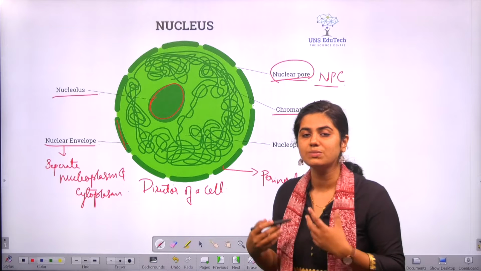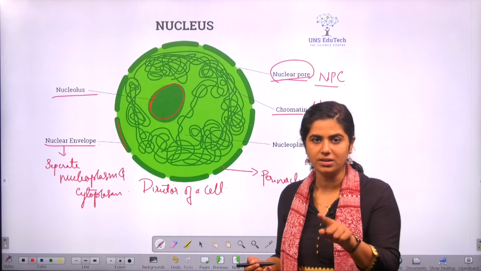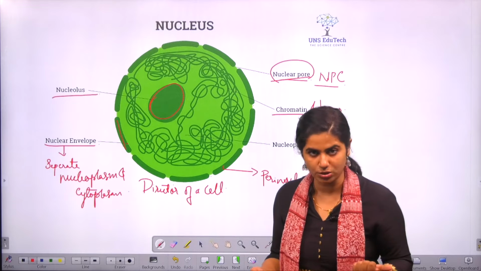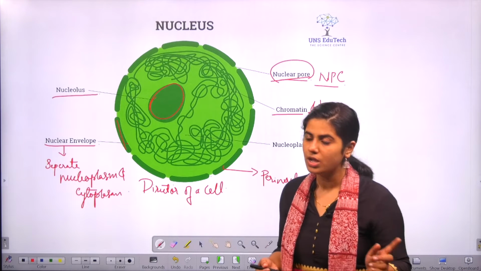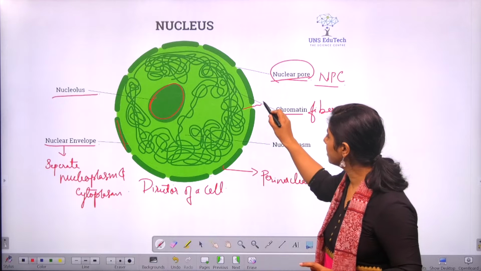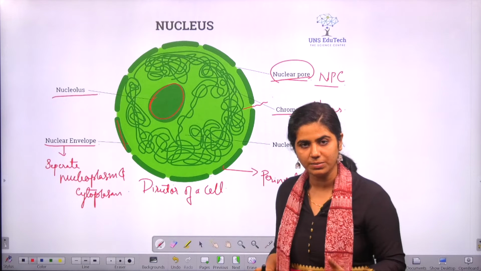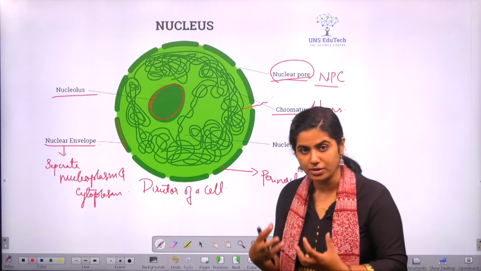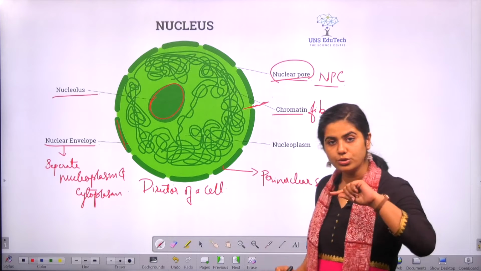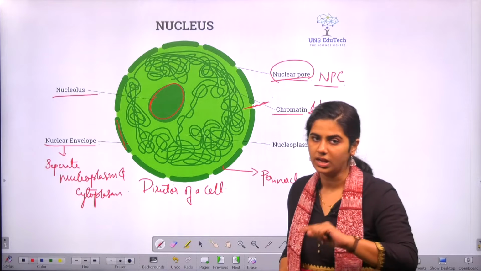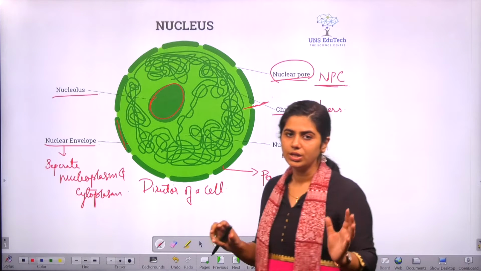The RNA is made inside the nucleus, but if the RNA has to be translated, the ribosome is present in the cytoplasm. So RNA has to be transported to the cytoplasm through this nuclear pore. Not only RNA, proteins and many other materials are transported through the nuclear pore to the nucleus, and from the nucleus also. That's all about the nucleus.